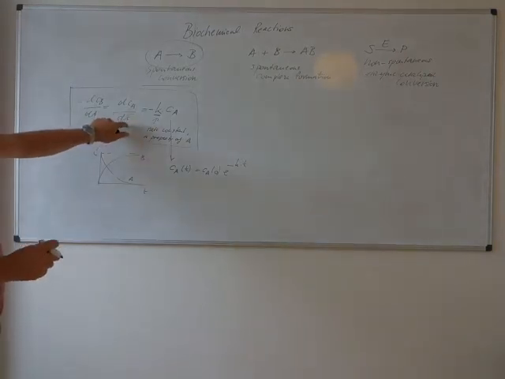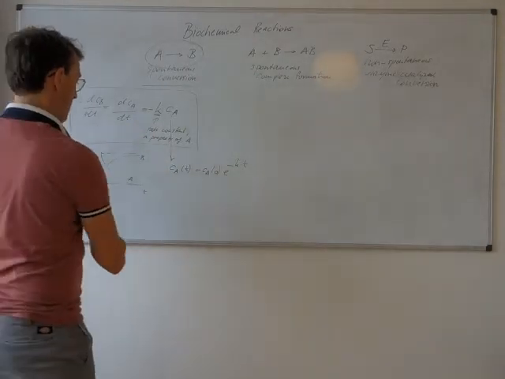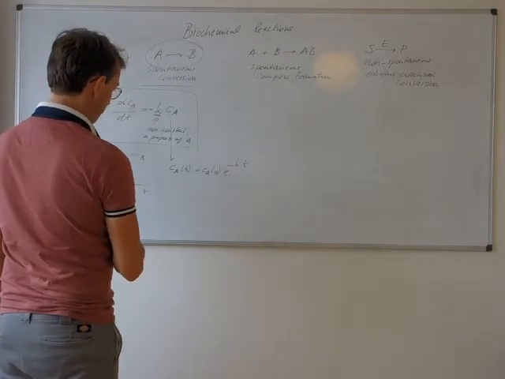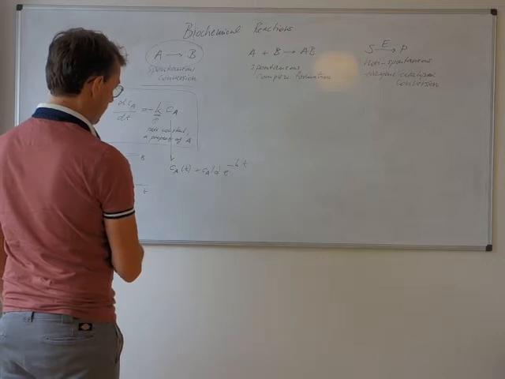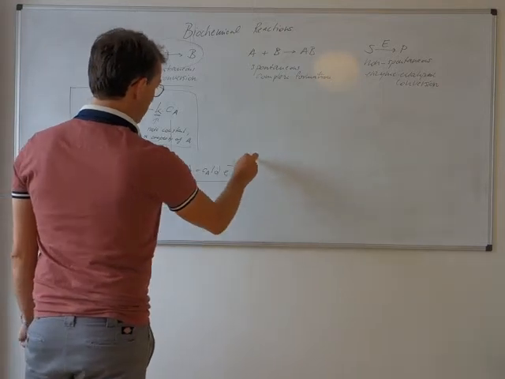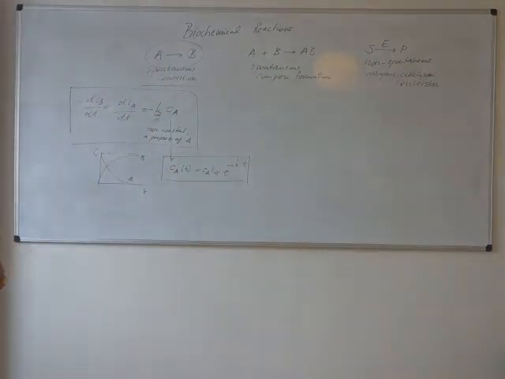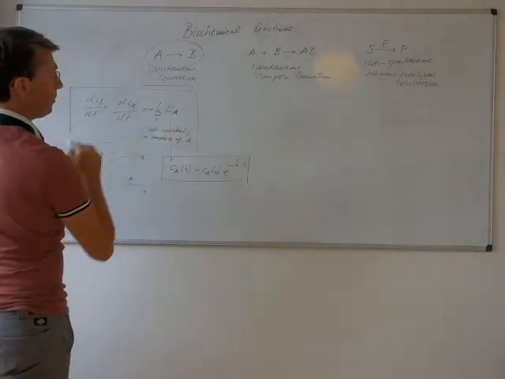So if you integrate this differential equation, you get this result. It goes down to 0. Okay? So that's something that we should realize: you can write down these descriptions in terms of rates of reactions.